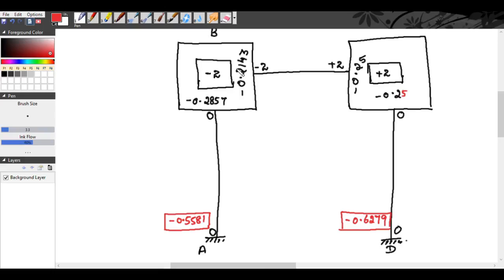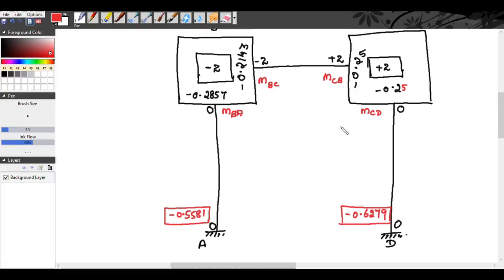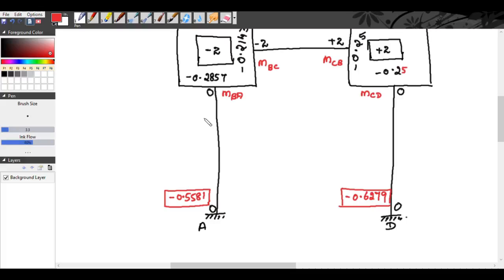So we know rotation factor is for joint B and joint C. So we will have MBC, MBA, the rotational contributions at joint B. The rotation contributions at joint C are MCB and MCD. Similarly, the displacement contribution for the column AB, AB and BA is same, so we will write it as M dash of BA, and the displacement contribution for the column CD is M dash of CD.